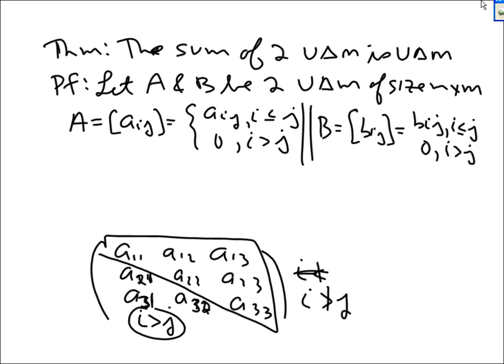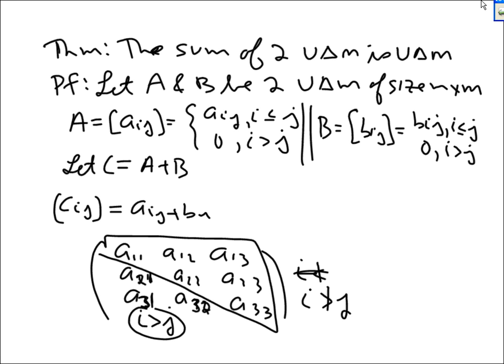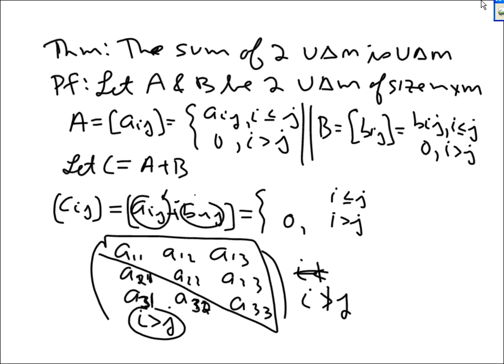So now we add them. Let C equal A plus B. So the Cij element is going to be the Aij element plus the Bij element. But this is piecewise. If i is bigger than j, you get 0 plus 0, and to save a line, I'm going to say that's 0. And if i is not bigger than j, you're going to get Aij plus Bij.